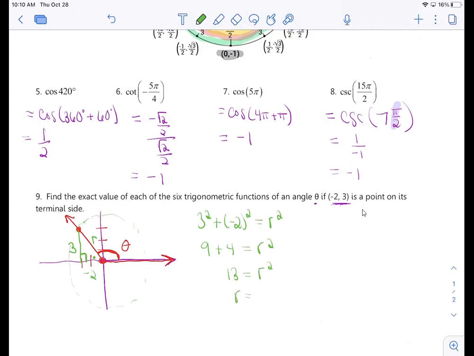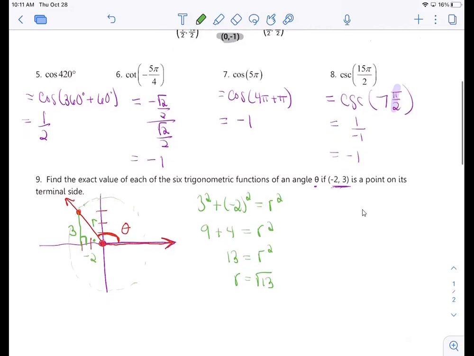And then we take the square root to get R by itself. Now remember, if that square root was like 24, you have to simplify it. So, you know, that would become 2 root 6. So just make sure 13 is prime, so we're good. We don't have to do much more. But don't forget about those previous skills from other math classes. So I'm going to go here and I'm going to label this is root 13.